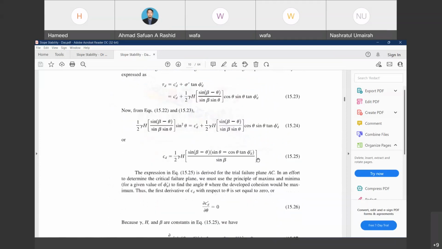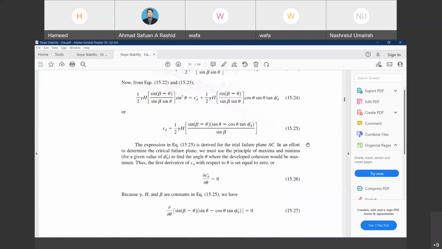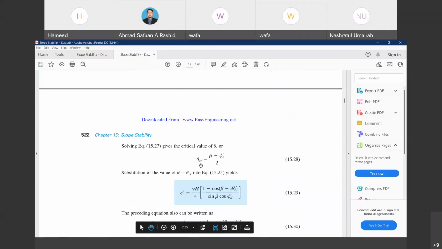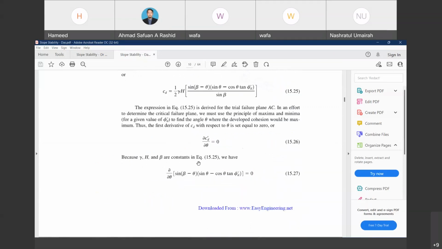But here there is an additional explanation on how they determine the theta critical, which is beta plus phi d over 2. So you can look at this explanation.